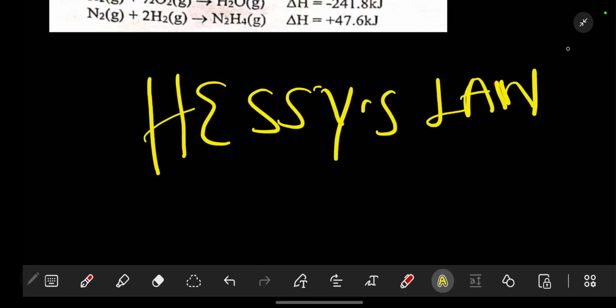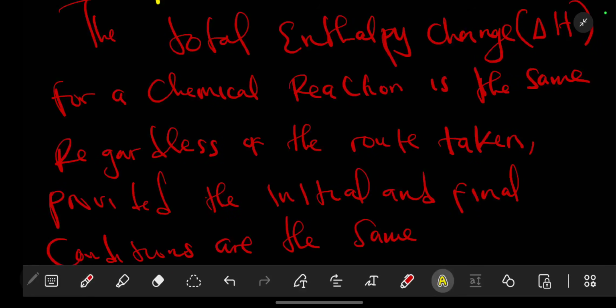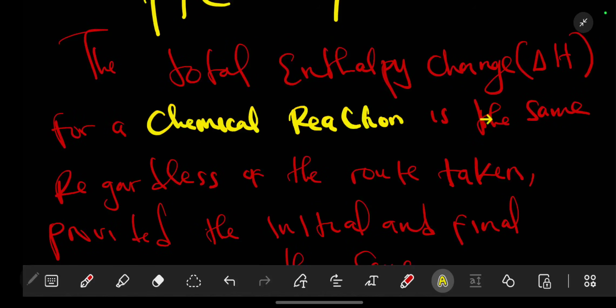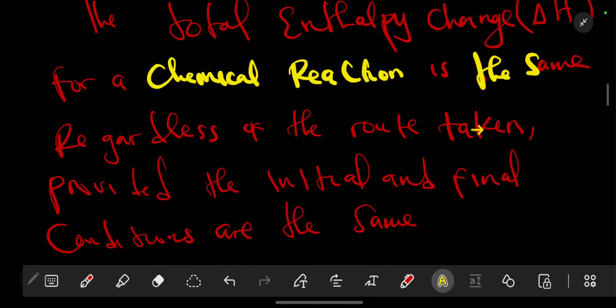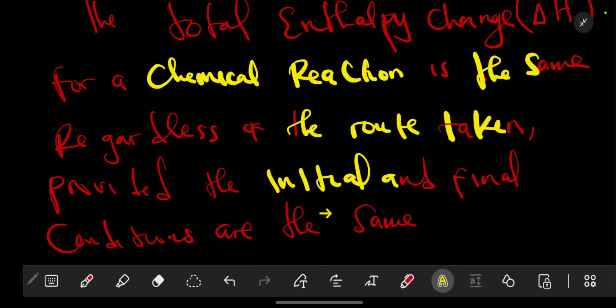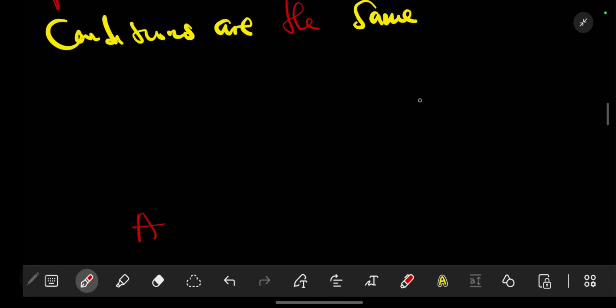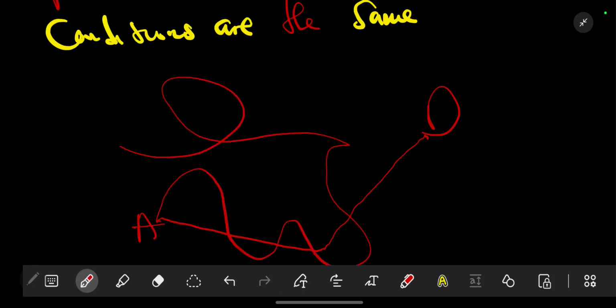So let me explain the definition first. Just think of Hess's Law as you are at point A, you want to go to point D. If someone goes like that, they will reach D. It is the same way even if someone goes like this.